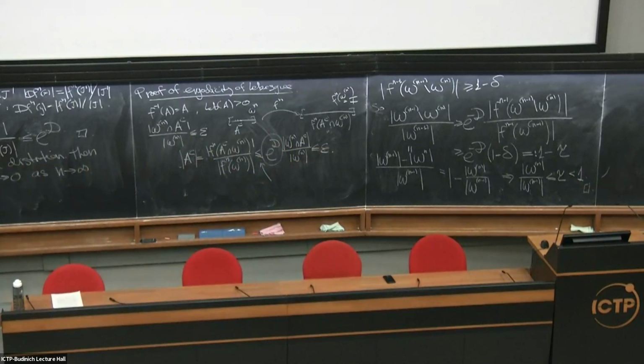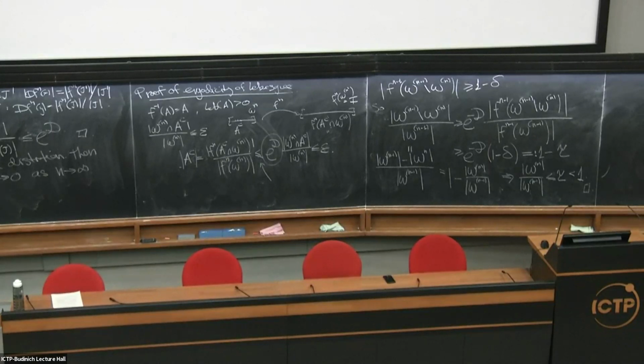Okay, so to summarize, the ergodicity of Lebesgue measure for full branch maps satisfying bounded distortion uses these two lemmas. This one here, which is just the geometric interpretation of the distortion, okay?